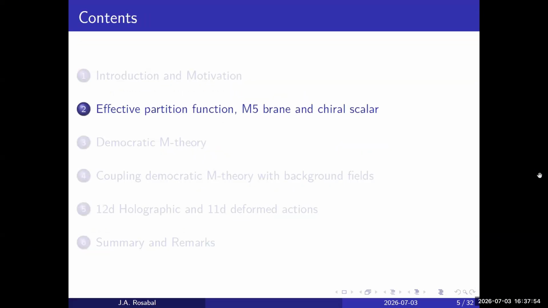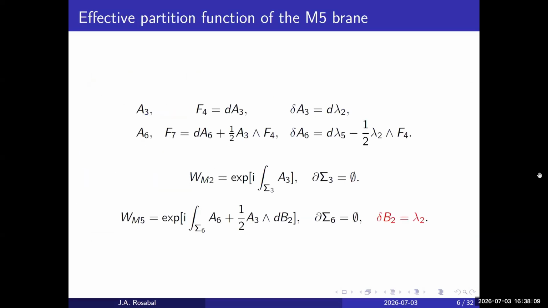So let me start with the effective partition function of an M5 brane. This is what is in the paper by Witten. And this is the main motivation why we want to compute partition functions for chiral theories. As I said, in the microscopic theory, we have an A3 and an A6.